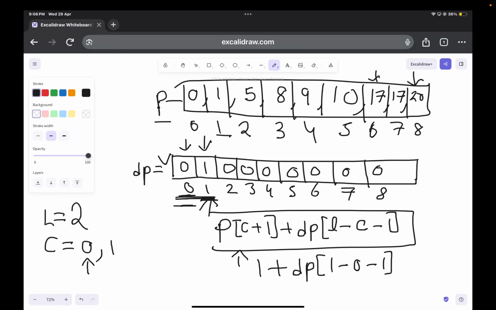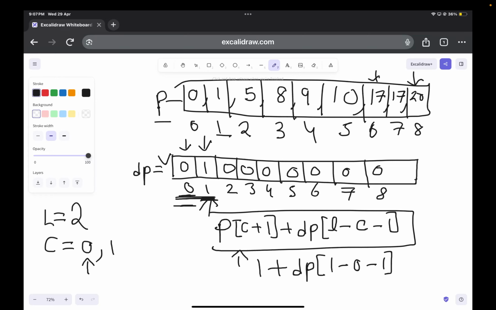Length will start from 1. So length minus cut minus 1. Okay, let's check it with the value first, and then we will compare.